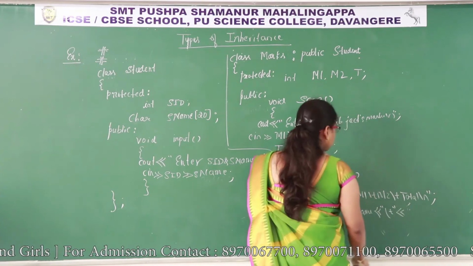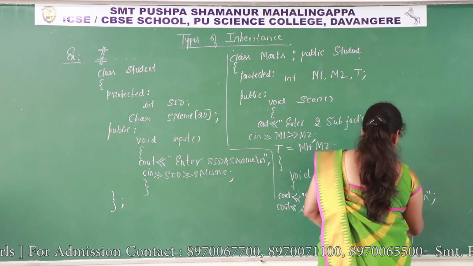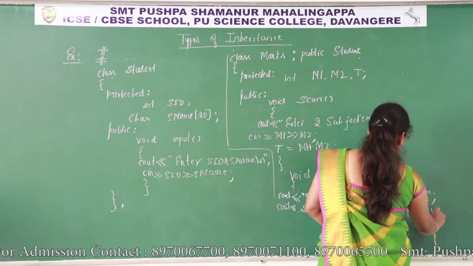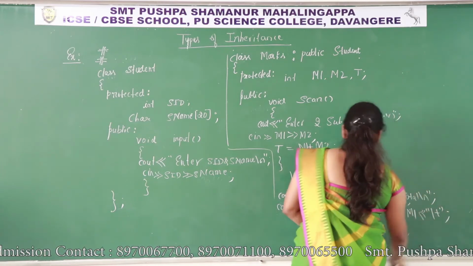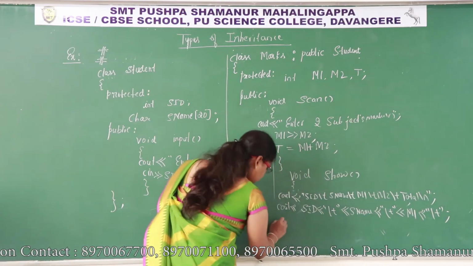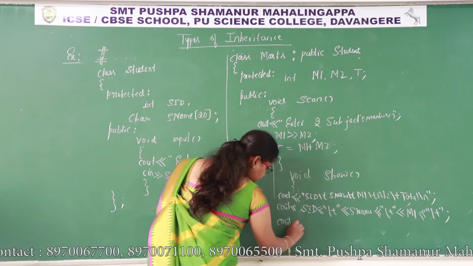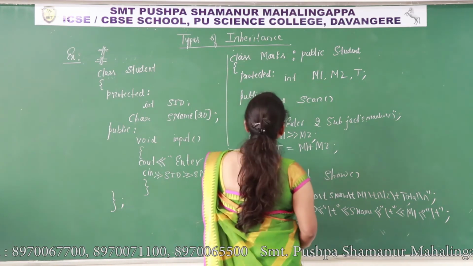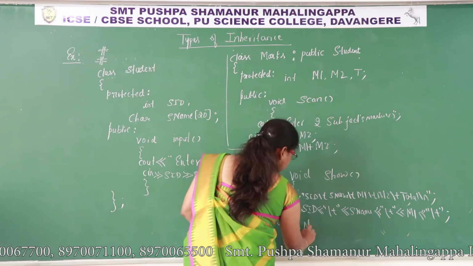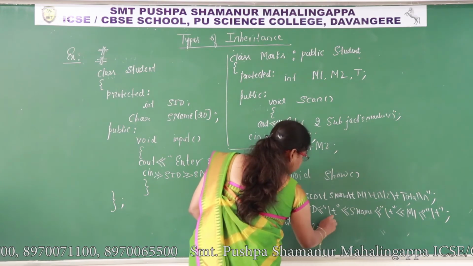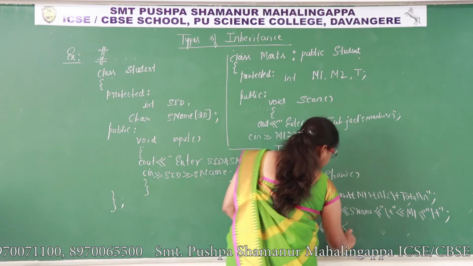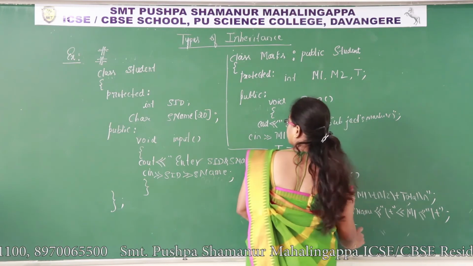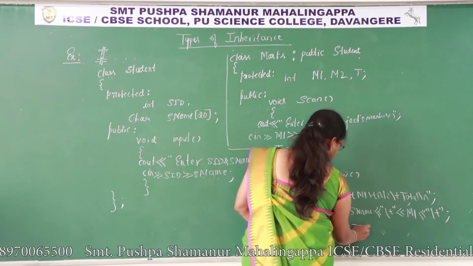After that marks 1 m1 \t. Cout insertion, then marks 2 \t, then total is in T.